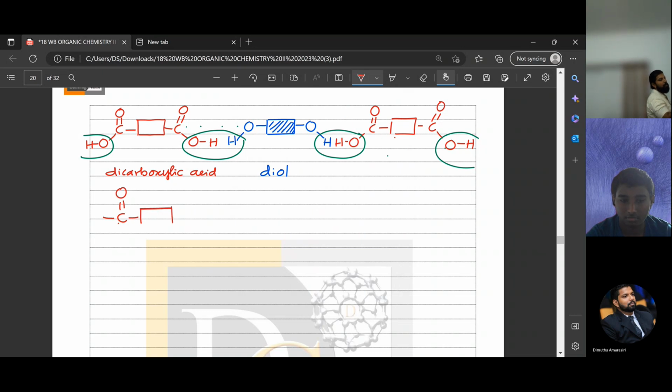If there's a tricarboxylic acid, we could draw another one. There are two ester links.